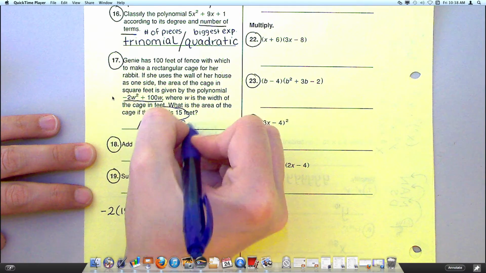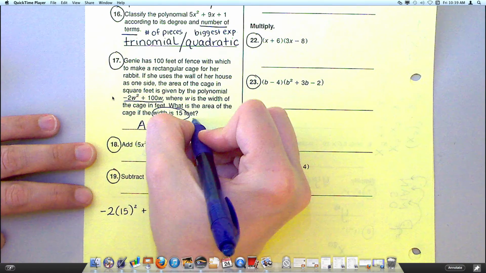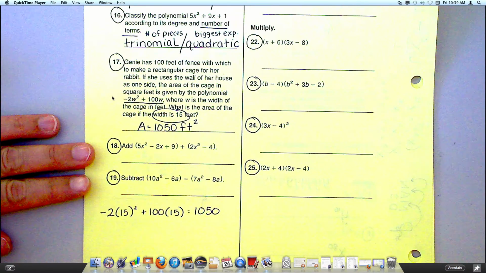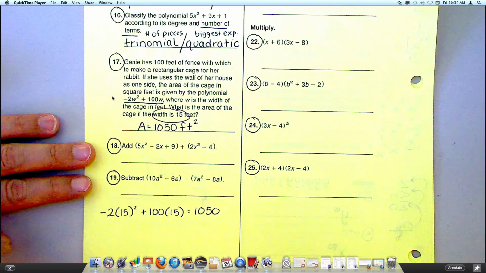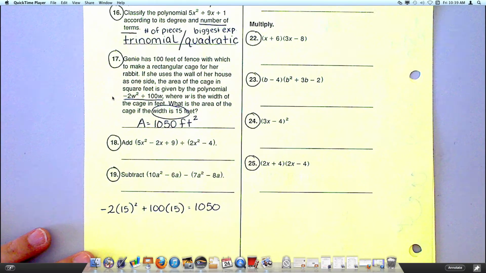How do we label area? What kind of units? Square, yep. You were right. Was that a victorious noise? No, I thought it was wrong. Oh. Okay. 18. Add. Judy, go for it.